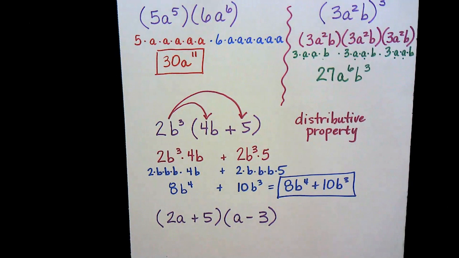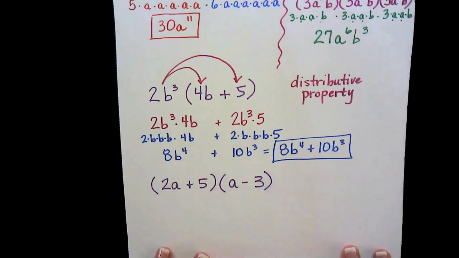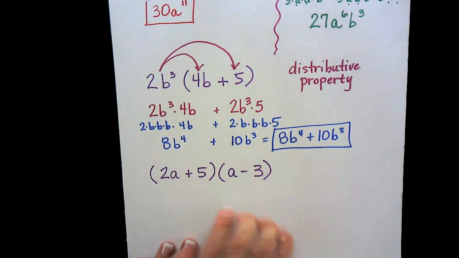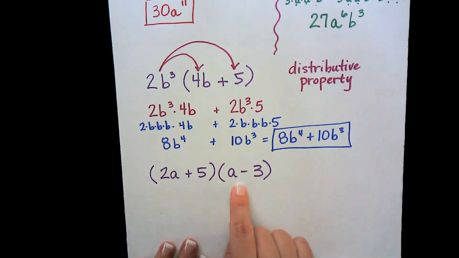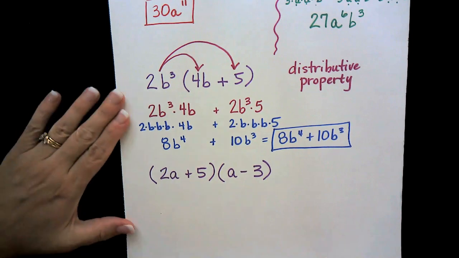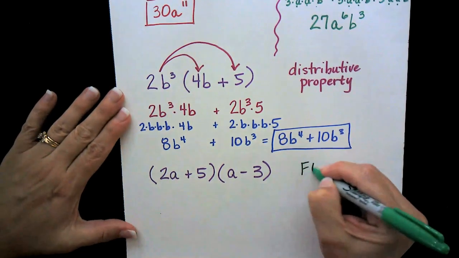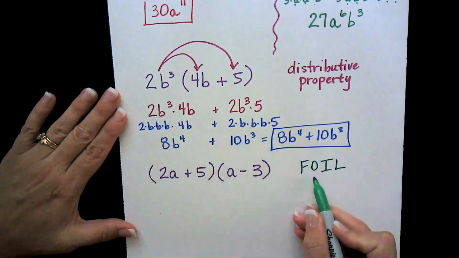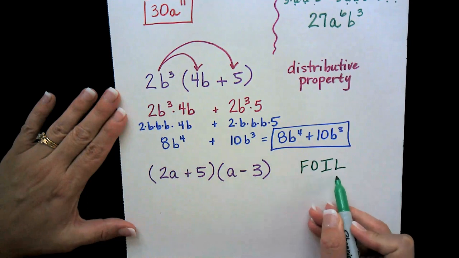All right, we've got one more type of multiplication, and this is the one I find actually students are the most familiar with. When we have two parentheses being multiplied together, we've got a plus or a minus in one parentheses, a plus or a minus in the other parentheses. This one you may have used the FOIL technique. The FOIL stands for first, outside, inside, last.